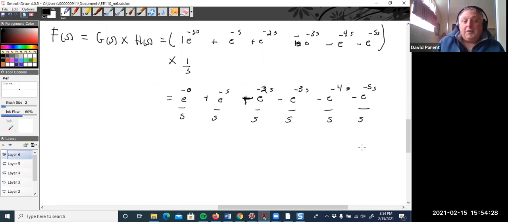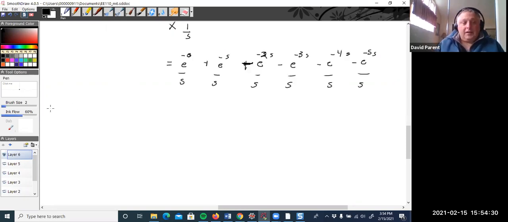Now I want to find the inverse Laplace of that. So f of t will equal L inverse, and I'm not going to redraw it. This becomes a step, and I get another step, but I have the delay.